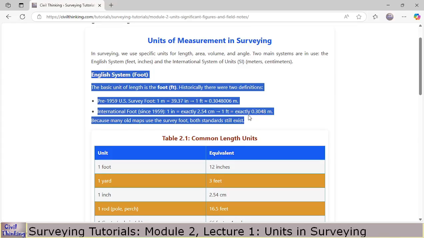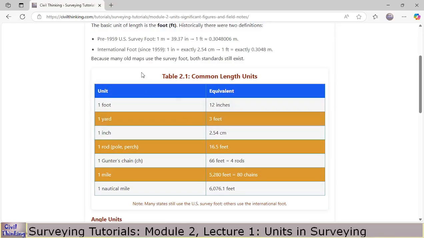After 1959 it is rounded off to 0.3048, but before that it was not rounded off. That is a small, negligible difference.